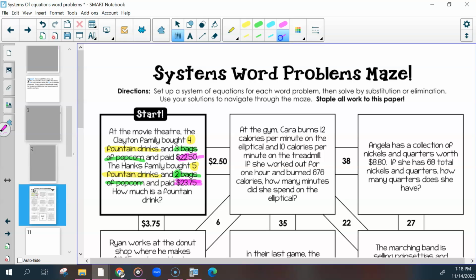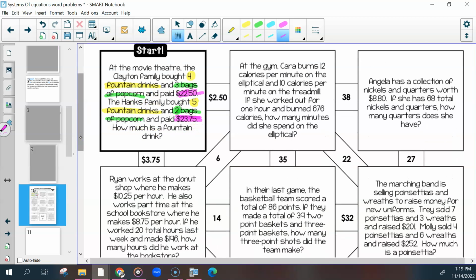So in this problem, you're given 6 numbers. All of the numbers are going to be used. That means in your 2 equations, they'll most likely both be set up as the ax plus by, and everything will have numbers. But the question that it's asking is going to tell you what you don't know. How much is a fountain drink?